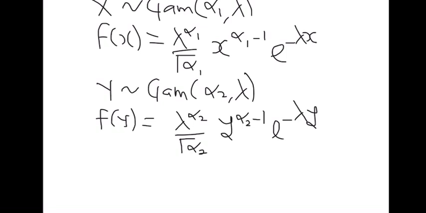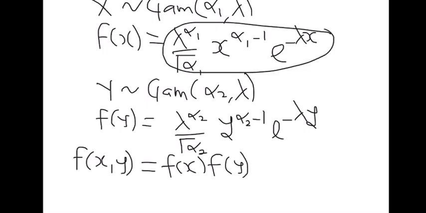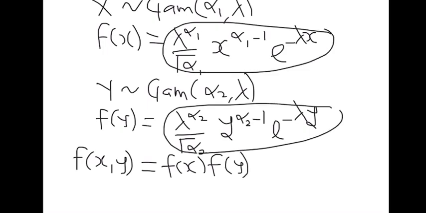Now you were told that x and y are independent, right? If x and y are independent, it means we need the joint of that. F of xy is going to be the product of this multiplied by that. So I'm going to multiply this by this.